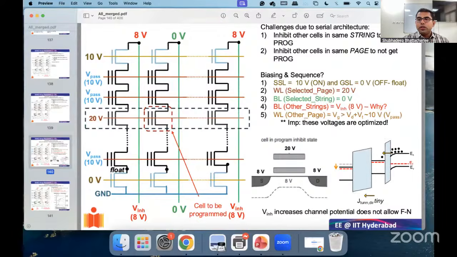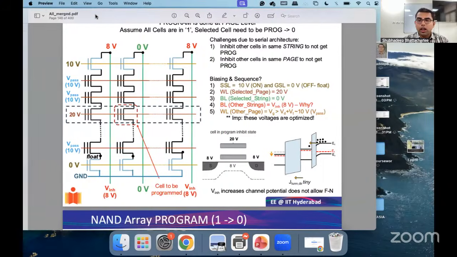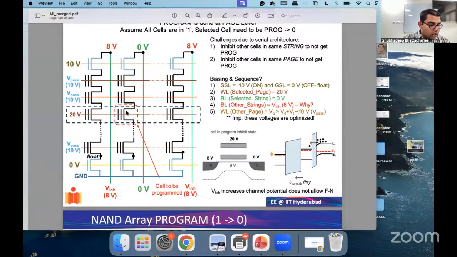So one of the questions which was asked over here was about the inhibit voltage. I think he is referring to this particular slide where we are trying to do program in the NAND flash array.